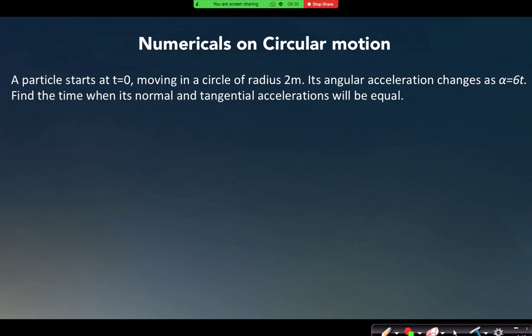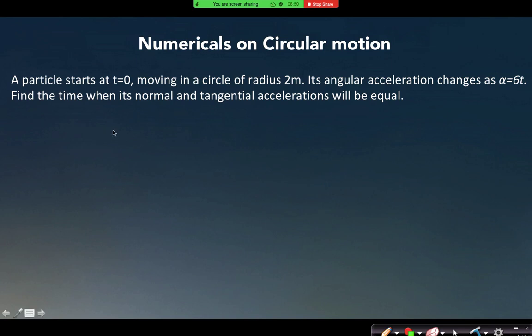It says a particle starts at t equal to 0 moving in a circle of radius 2 meter. Its angular acceleration changes as alpha equal to 6t. Find the time when its normal and tangential accelerations will be equal.